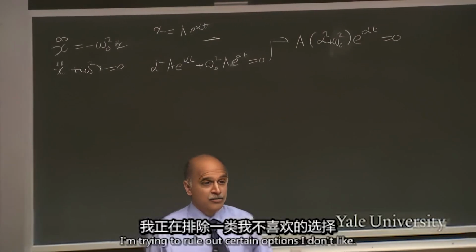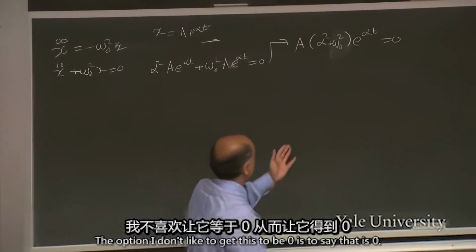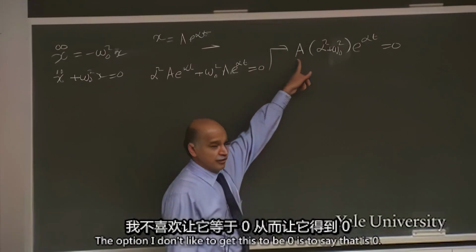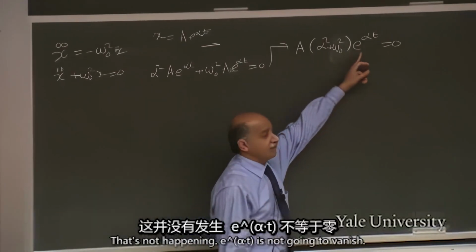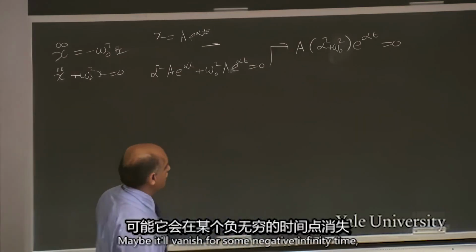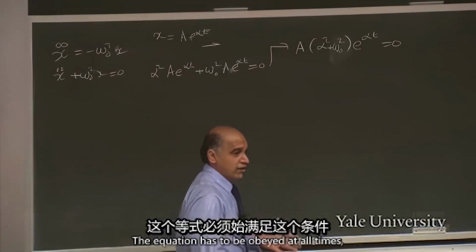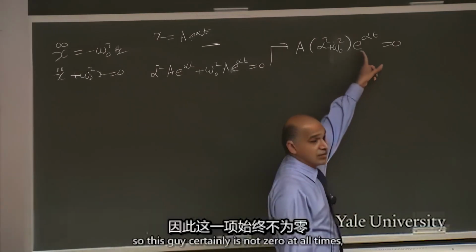Yeah. I'm trying to rule out certain options I don't like. The option I don't like to get this to be 0 is to say that e to the alpha t is 0. That's not happening. e to the alpha t is not going to vanish. Maybe it'll vanish for some negative infinity time, but I want this to be true at all times. The equation has to be obeyed at all times. Well, this guy certainly is not 0 at all times.